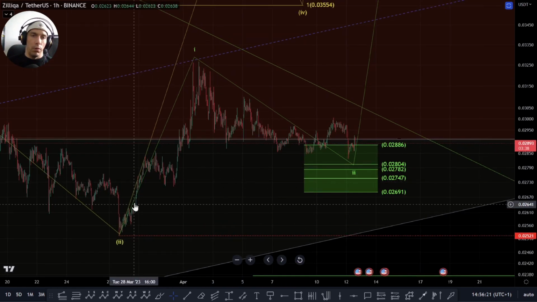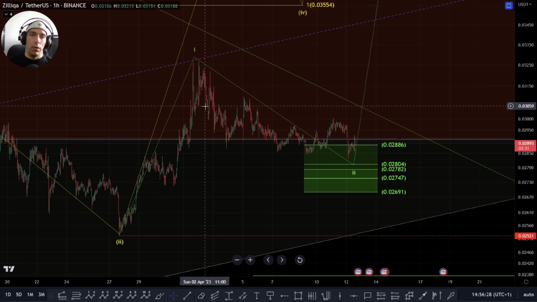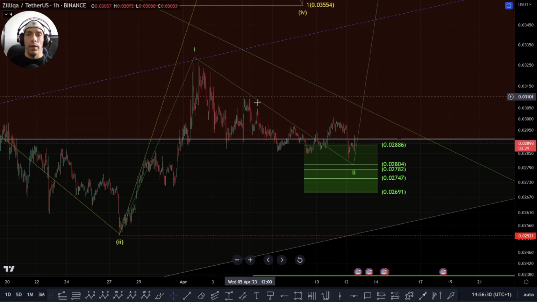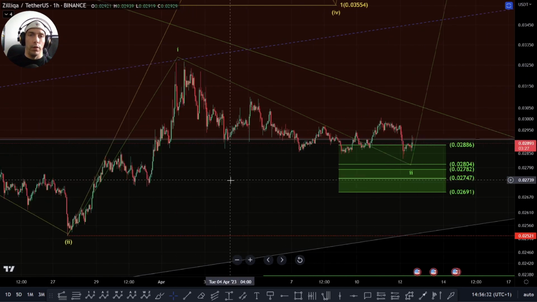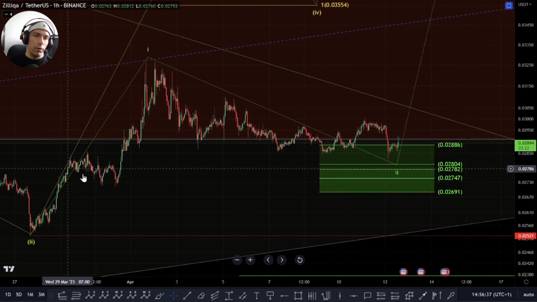Or alternatively, you would have to say wave 1 extended here, where this is 1, 2, 1, 2, 3, 4, 5, and then you'd have to say there's a truncation, and this move starts from over here rather. So this is the issue that I have with this count, looking at it as a 5 wave move.